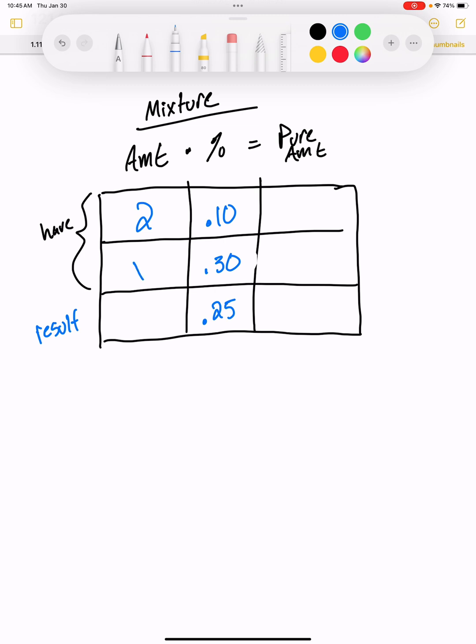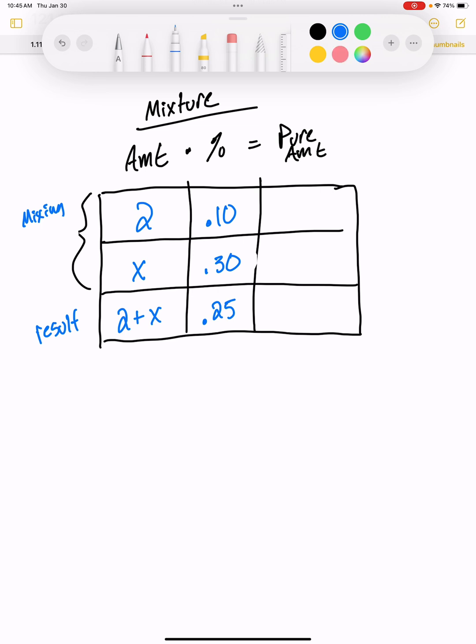I don't know how much we have here, but it's X liters. The result is 25% vinegar solution. When you mix those two up, we're mixing. Maybe I should be saying mixing instead of have. This is what we're mixing, and then we want the result here. So if I mix those 2 things together, I'm going to have 2 plus X.